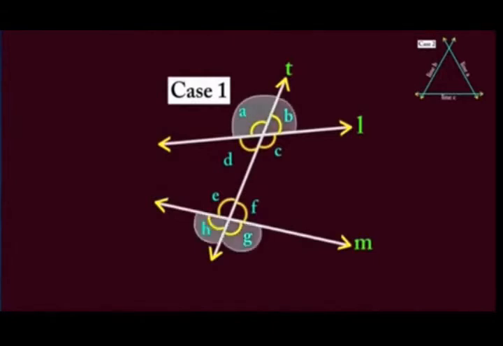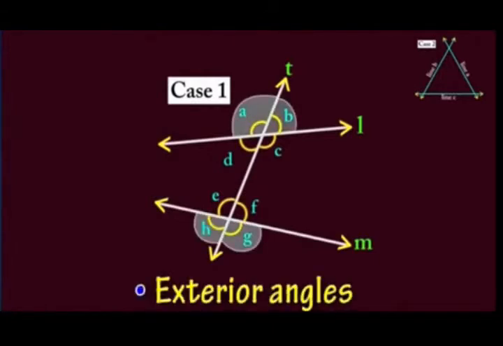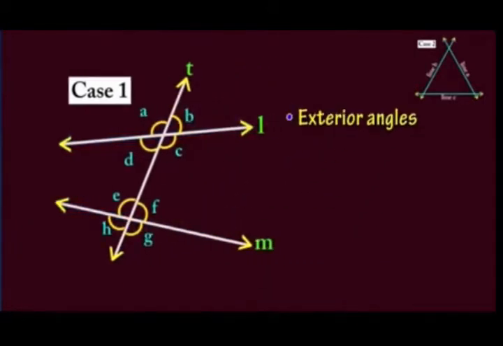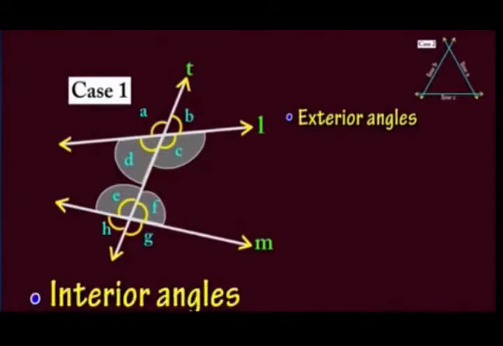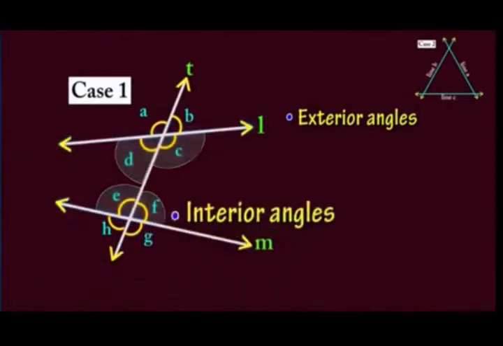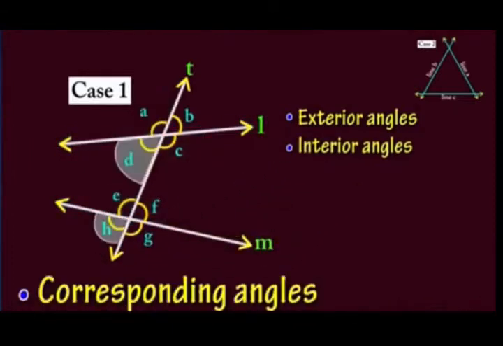8 angles are formed. Angles A, B, G, H are known as exterior angles as they lie exterior to the given lines L and M. And angles D, C, F, E are known as interior angles as they lie inside, between these two lines L and M. And angle pairs D and H, C and G, A and E, and B and F are known as corresponding angles.